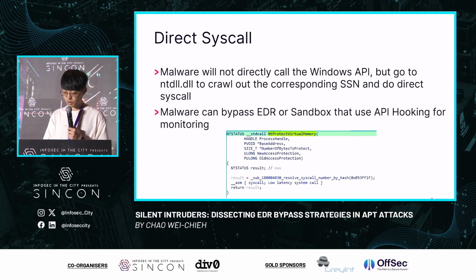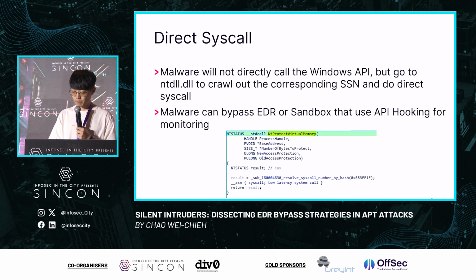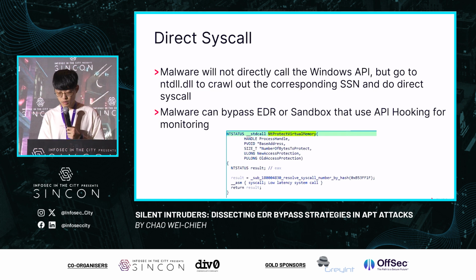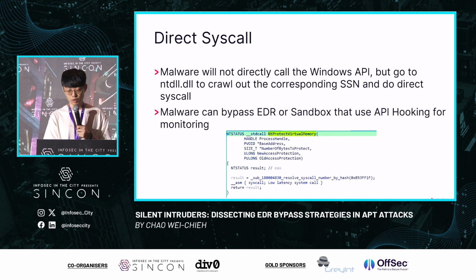Under the hood, it gets the sorted SSN and then sets the correct SSN to the RAX register. Next, it will call the syscall directly. Besides the EDR, the sandbox system also does API hooking for monitoring the malware behavior, so by doing the direct syscall, you can also bypass the sandbox detection.